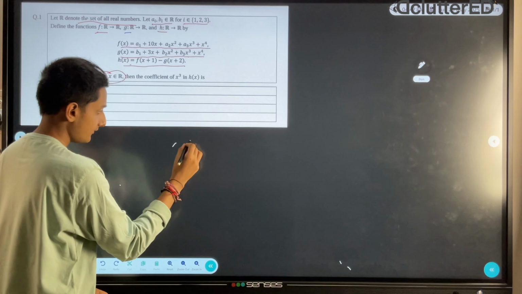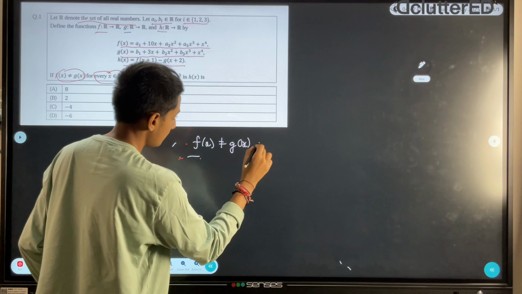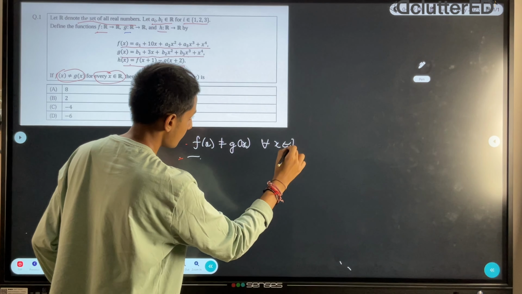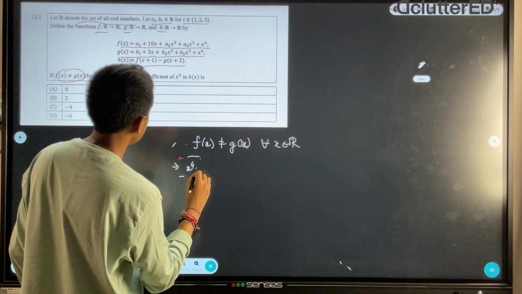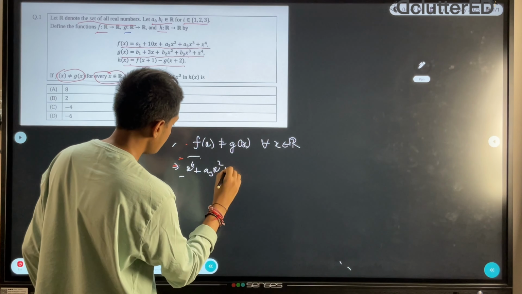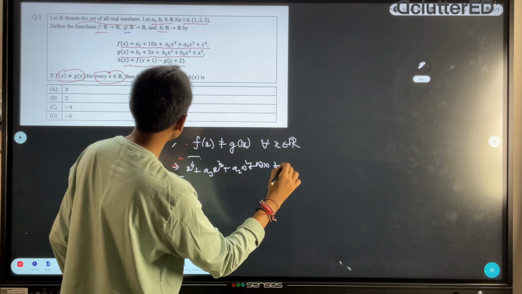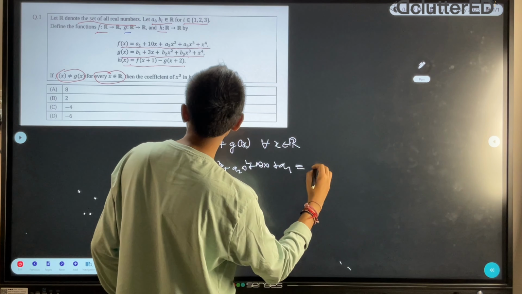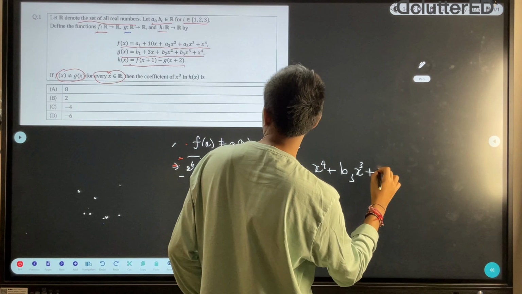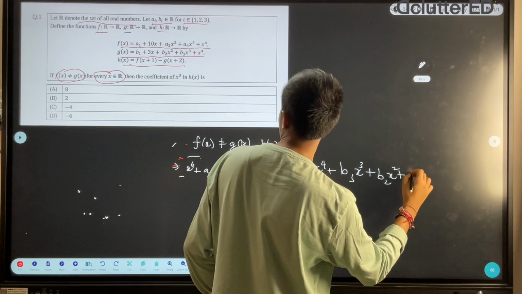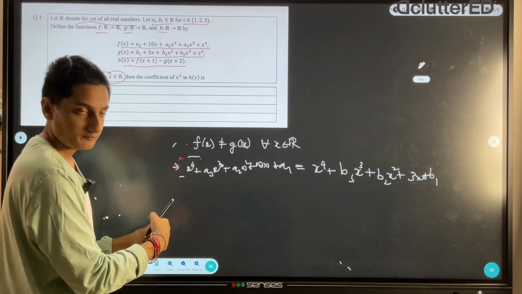If we have f(x) not equal to g(x) for all x belonging to R, then that will imply x power 4 plus a3 x cube plus a2 x square plus 10x plus a1 equal to x power 4 plus b3 x cube plus b2 x square plus 3x plus b1 has no solution, right?